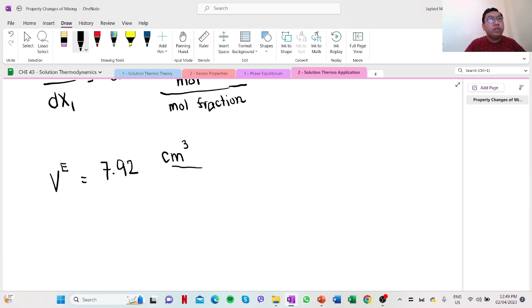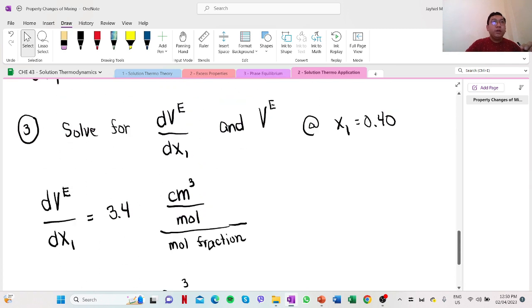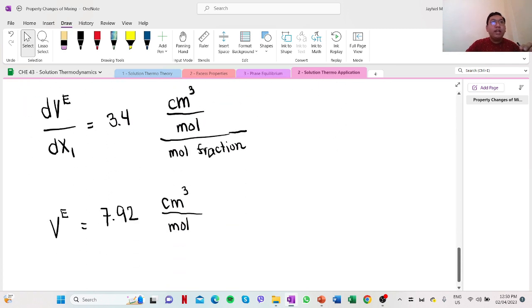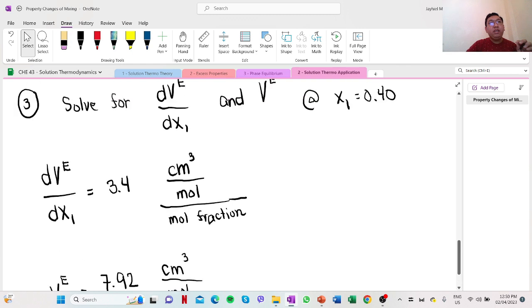So your instructor might ask you, after you mix the two substances forming 40% of component A, did the mixture expand? So the answer for this case will be yes, because the value of the excess volume is positive. So in that case, you already have the values for the VE and the dVE.